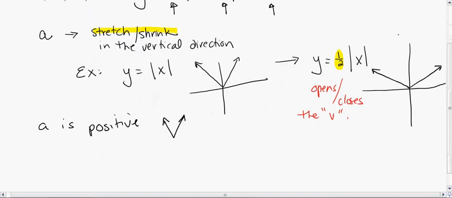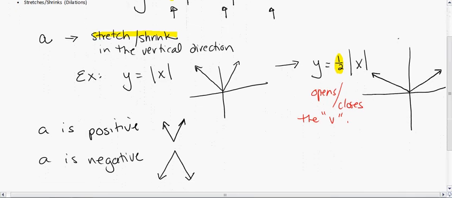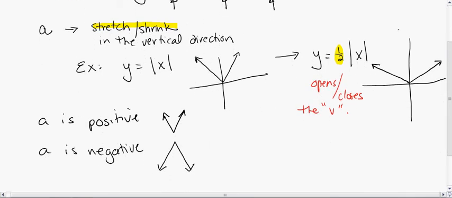And if A is negative, the graph is going to be flipped upside down. So that's what A is doing. A is in charge of opening and closing the V, and it's also in charge of having the V be right side up or upside down if it's positive or negative.